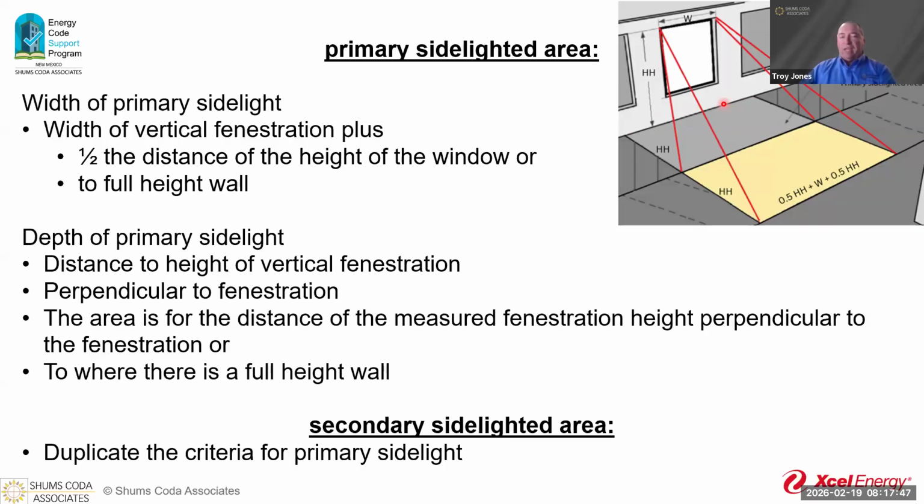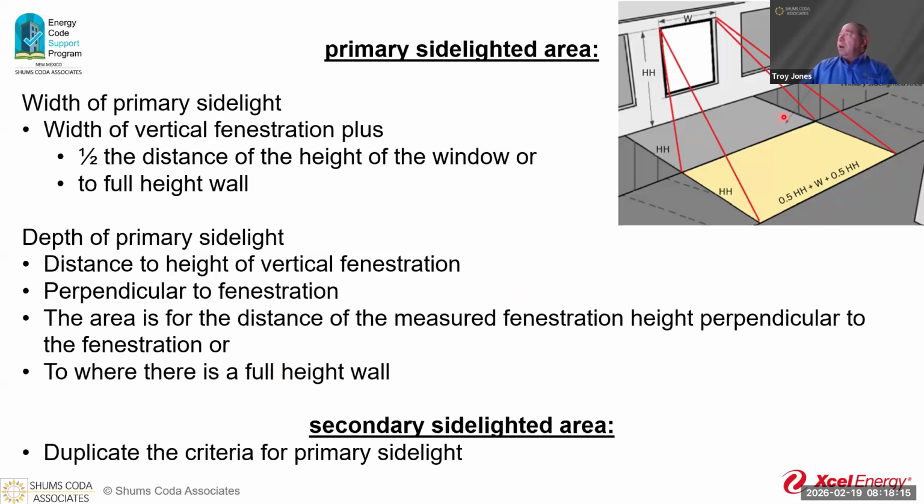I think if I try, I could make it a little more confusing. Okay, so our secondary or depth of the primary side light, the distance to the height of the vertical fenestration perpendicular to the fenestration. So this area is for the distance measured from the fenestration height perpendicular to the fenestration to where there is a full height wall.